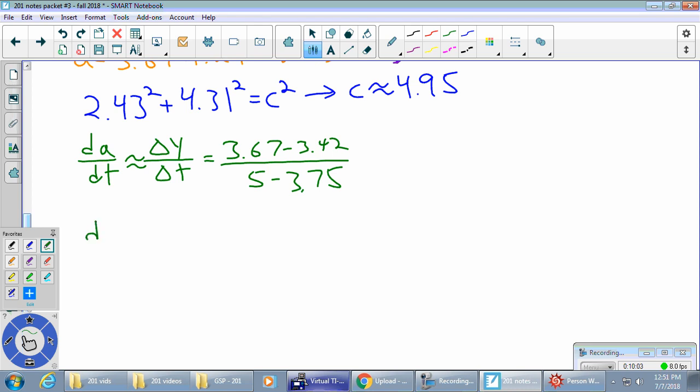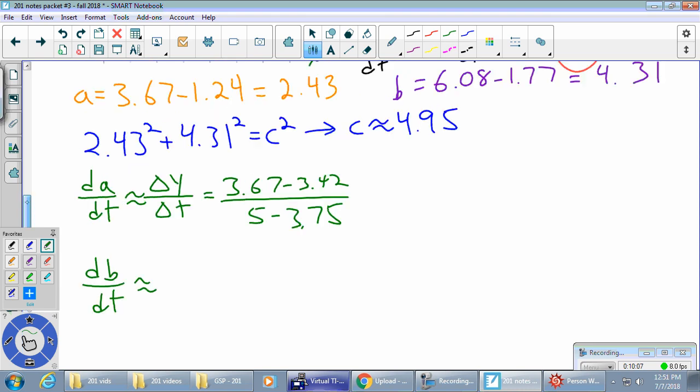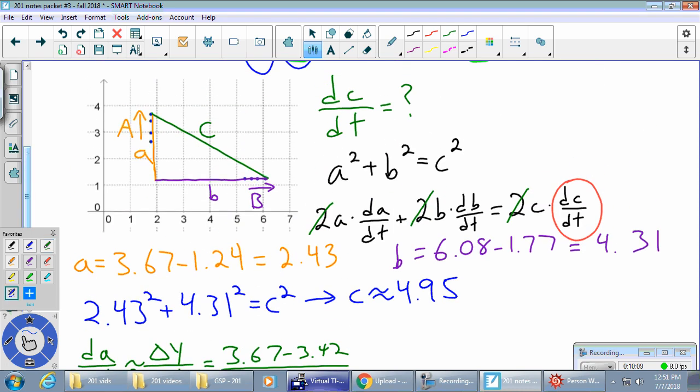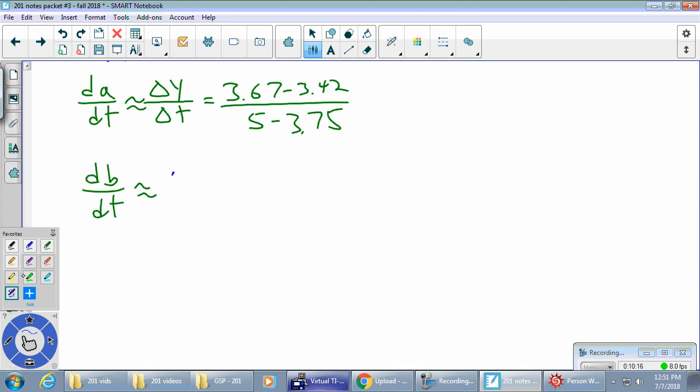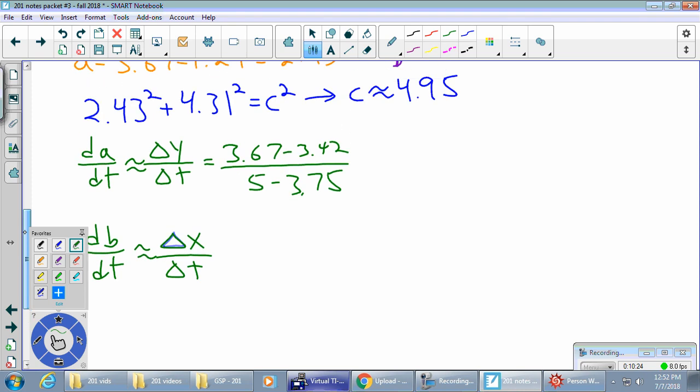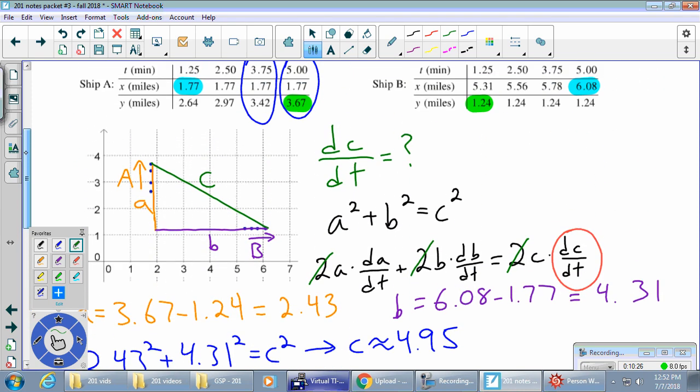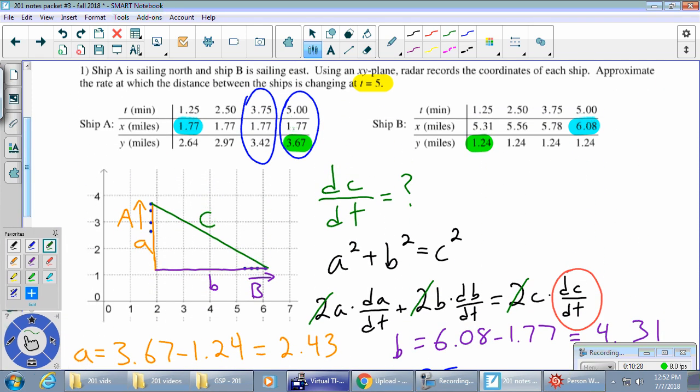But while we're here, let's go ahead and do the same kind of calculation for dB/dt. So B is changing, the length of this line segment here is changing because the x coordinates are changing. And so I feel pretty good saying that what we're going to do is do a change in x over a change in time here. So again, focusing our attention on t equals 5 for the second table now.